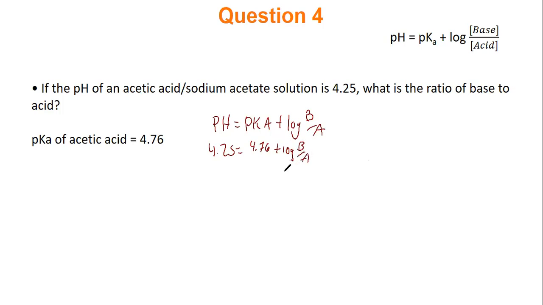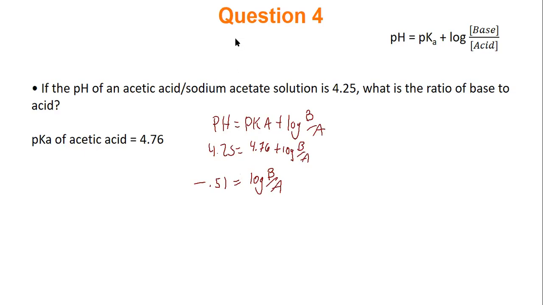So subtract pKa from both sides, which is negative 0.51 equals log base over acid. Now, when you have a log of something, the way to get rid of a log is you do 10 to the power of each side.